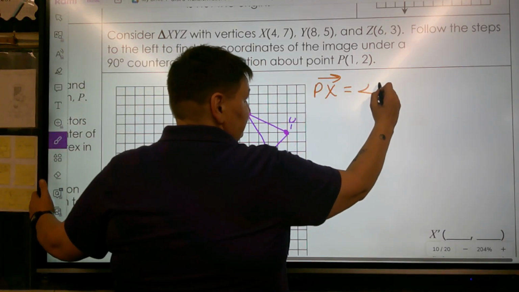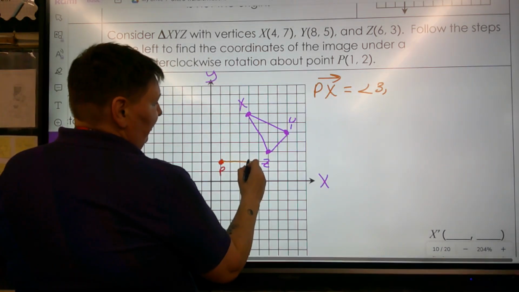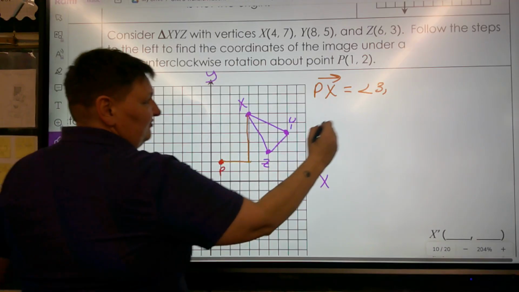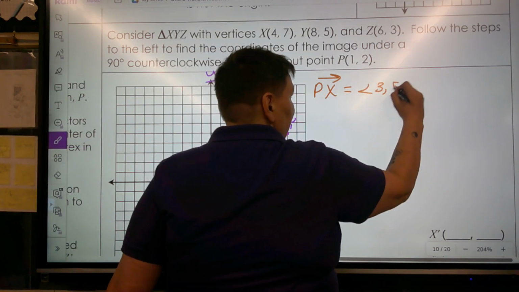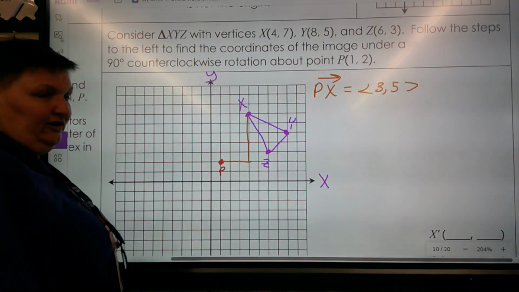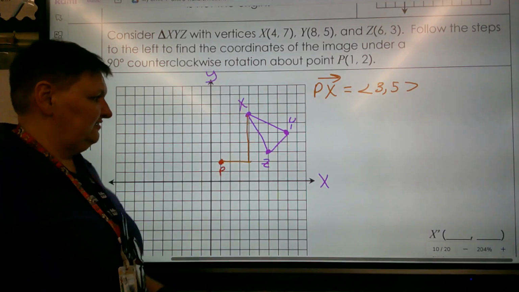So the distance is positive 3 because we had to go right 3. And then we had to go up 5, which is positive 5, right? So our vector for P to X is 3, 5.